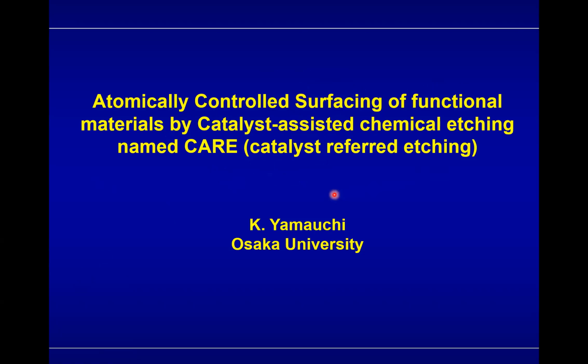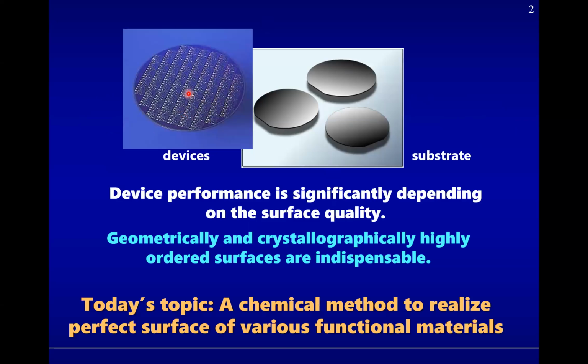Devices, electronic devices and optical devices, nearly all of them use the function of the material of the substrate, and they are prepared on the substrate. So maybe you can imagine, device performance depends significantly on the surface quality of the substrate.